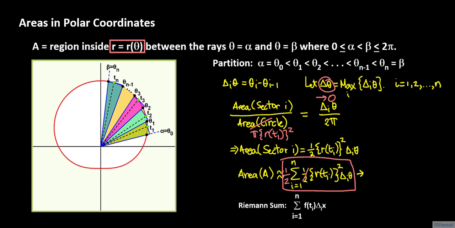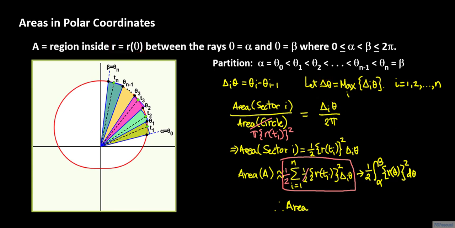The limit is equal to half times the integral from alpha to beta of the square of r of theta. Therefore, the area of A is equal to half times the integral from alpha to beta of the square of r of theta.